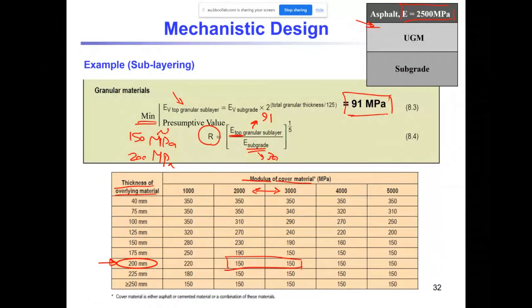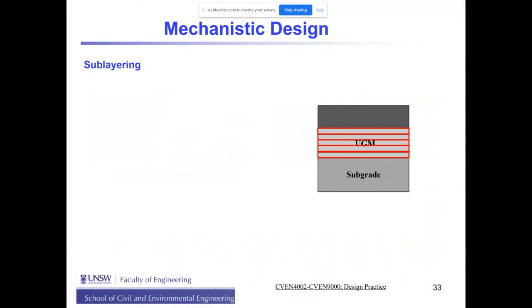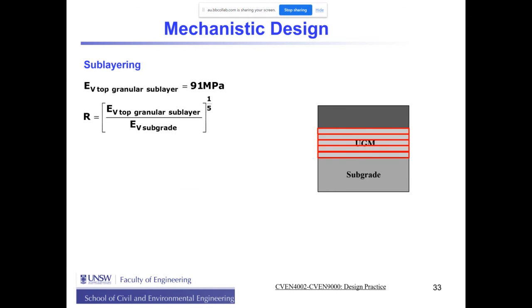So the ratio is 91 divided by 30 to the power 0.2, and the rate of decrease in depth is 1.25.